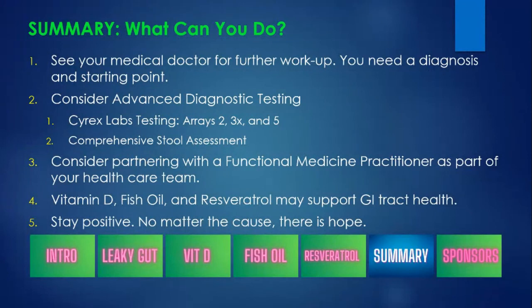And then the second thing would be a comprehensive stool assessment that looks at bacteria and the potential for fungal overgrowth. It may even look at viral particles using a quantitative PCR test. The test would also look at intestinal health markers, like inflammatory markers such as calprotectin.